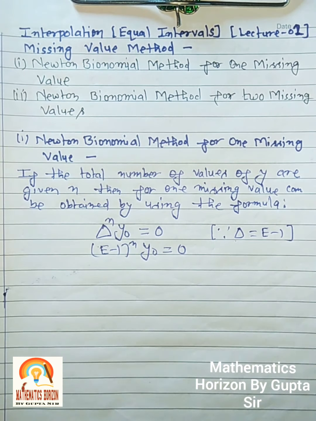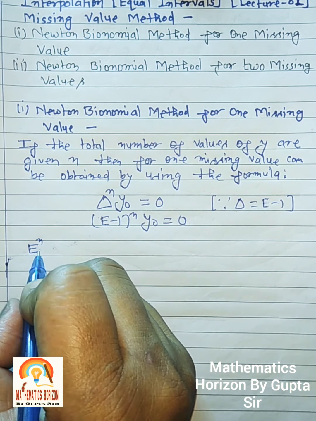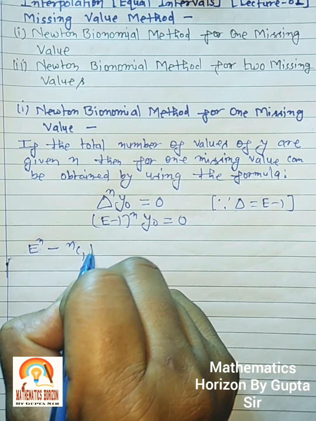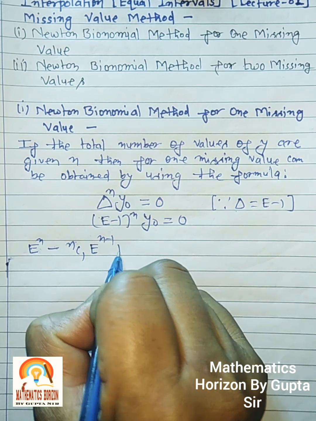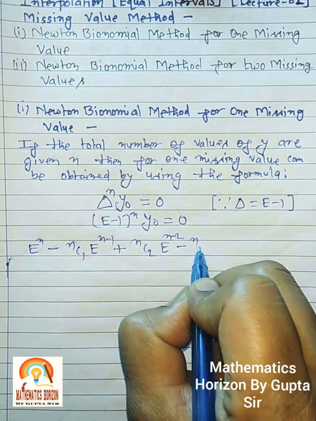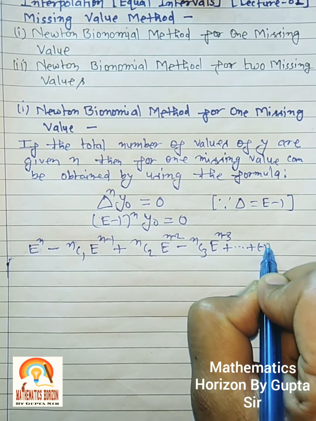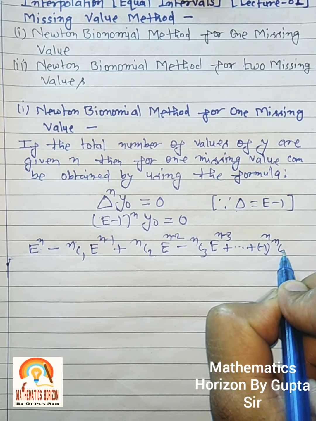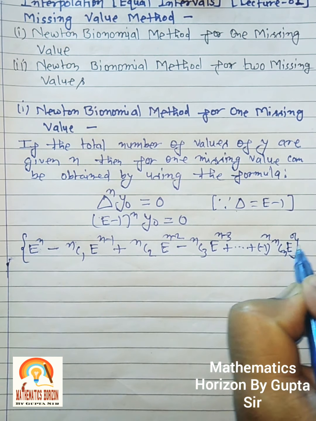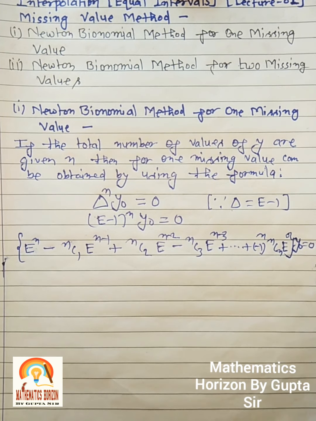Now expanding this by using binomial theorem, that is E to the power n minus nC1 E to the power n minus 1 plus nC2 E to the power n minus 2 minus nC3 E to the power n minus 3 up to minus 1 to the power n nCn E to the power 0, and y0 equal to 0.